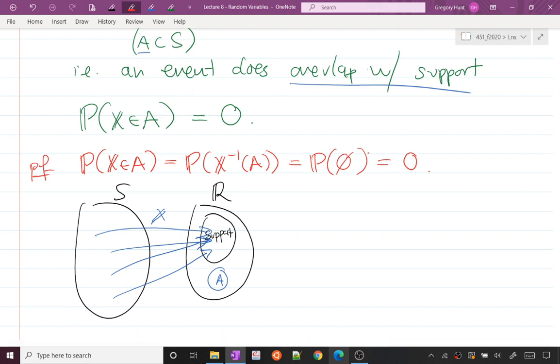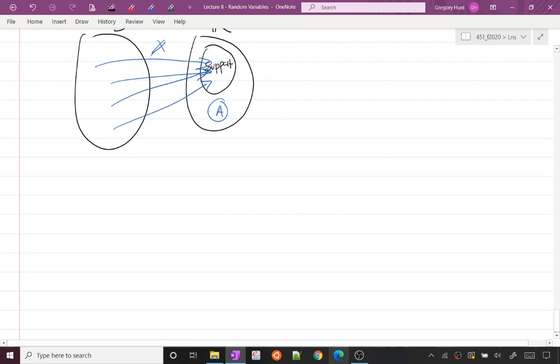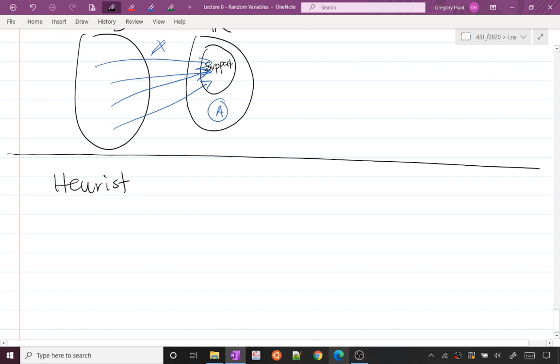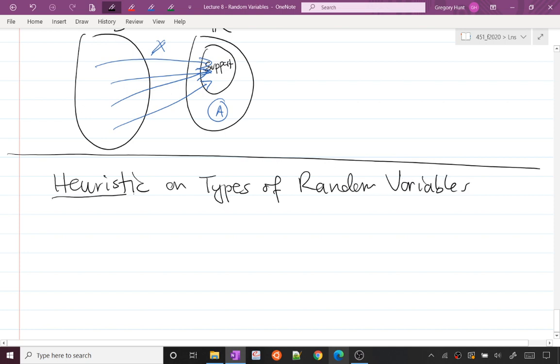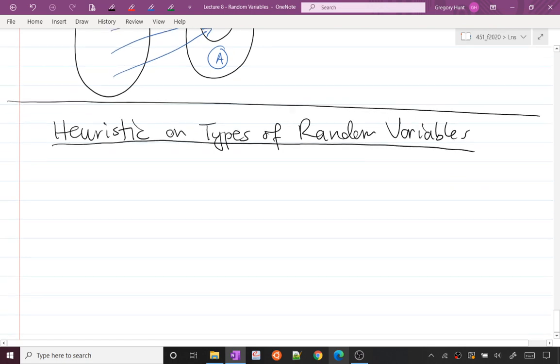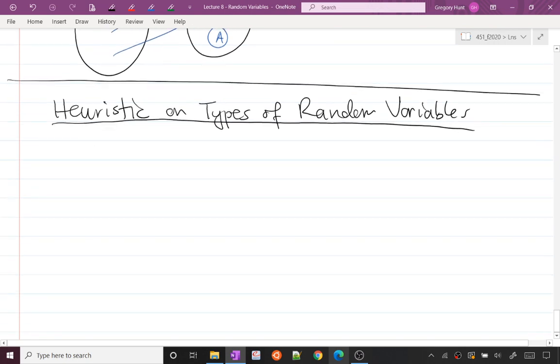So let's talk now about some more practical aspects of random variables. Here are some heuristics, or rules of thumb, on types of random variable. We will make this rigorous later; this is not rigorous, this is an informal discussion.